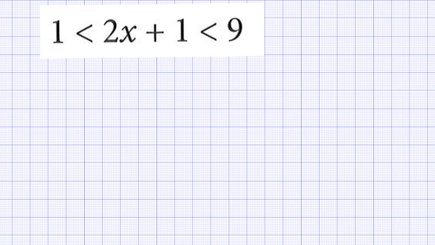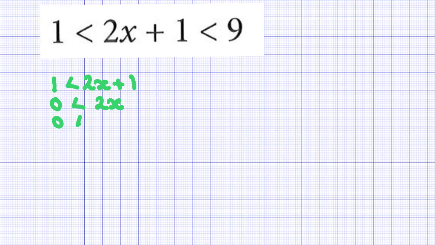In this example, you have two inequalities. Treat them separately. So the first one, 1 is less than 2x plus 1. Subtract 1 from both sides. So you get 0 is less than 2x. Divide by 2.